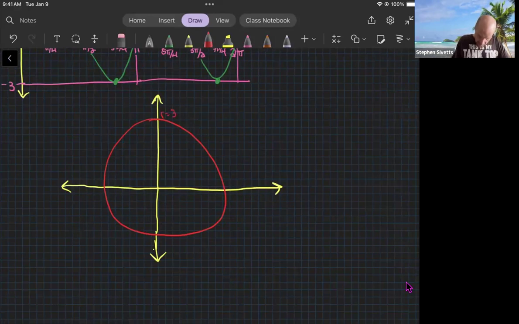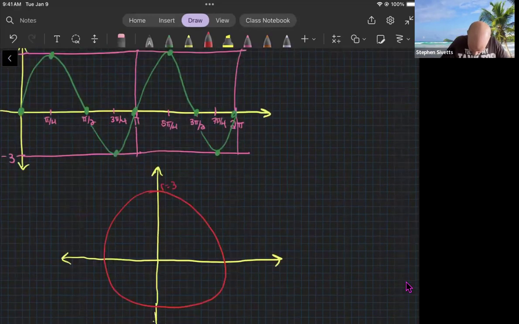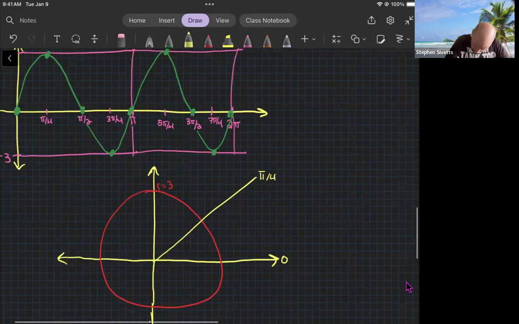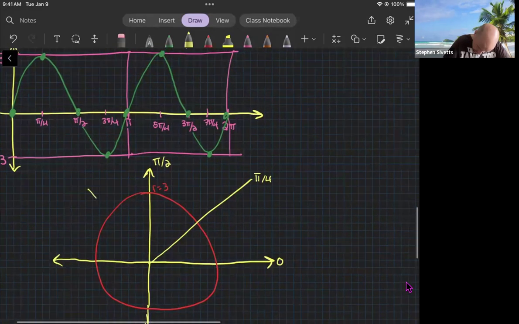And also we need to label our notable angles, right? So we'll have 0, pi over 4, and then pi over 2.